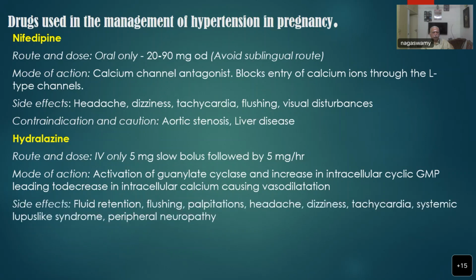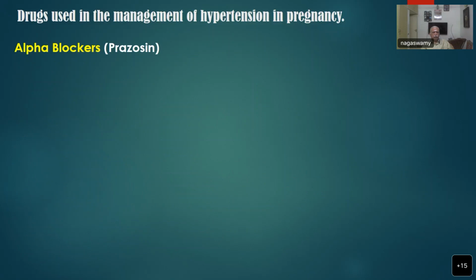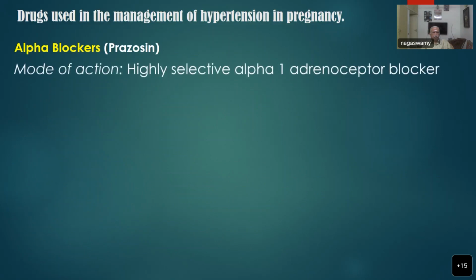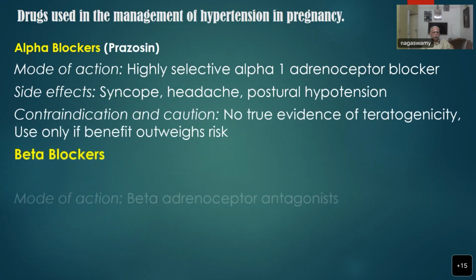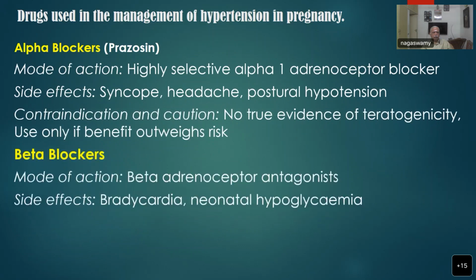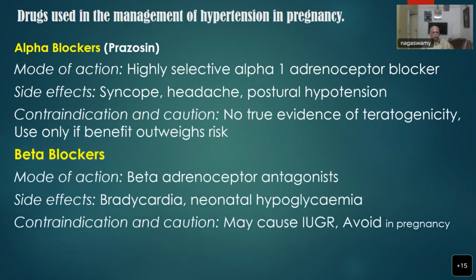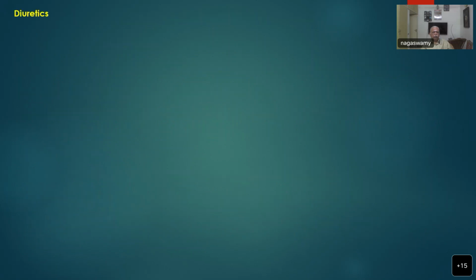Side effects are fluid retention, flushing, palpitation, headache, dizziness, tachycardia, SLE-like syndrome, and peripheral neuropathy. Contraindication: severe tachycardia, you should not use. Then sometimes you can use alpha blockers like prazosin, which all have these effects. And pure beta blockers are rarely used but can cause these problems.